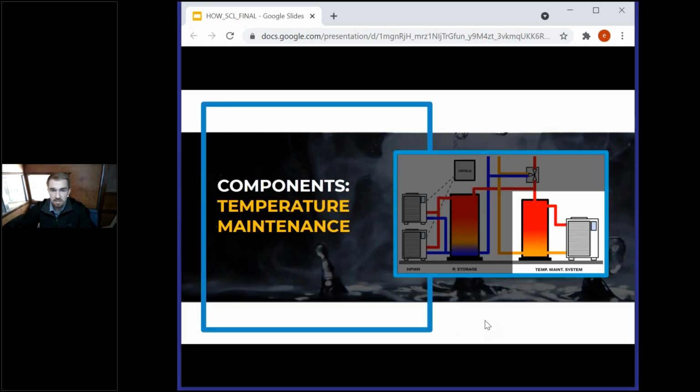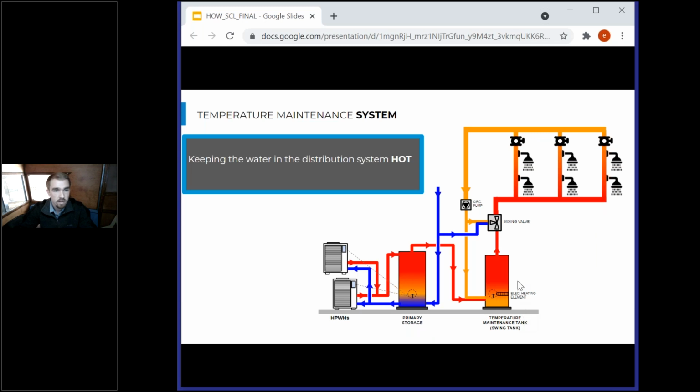So now to answer that, where does this hot water return go? We'll talk about the temperature maintenance system. The goal for temperature maintenance, as I mentioned earlier, is to keep all the water in this distribution loop hot. It gets sent out hot. If none of these fixtures turn on in the loop, this entire line here is just going to go cold.